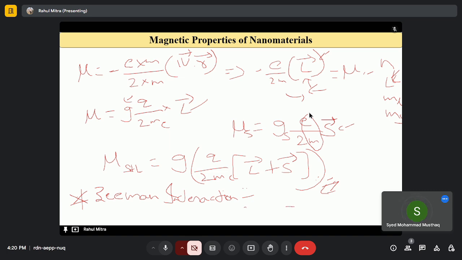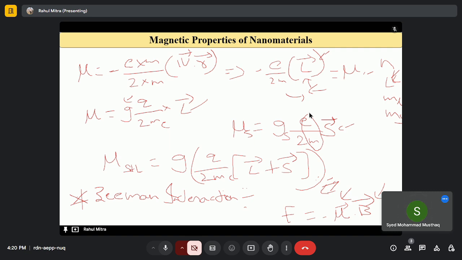So the energy associated with the Zeeman interaction is equal to minus mu dot B, where mu is the magnetic moment and B or H. If you are talking about vacuum, you can take just H. If you are talking about the magnetic flux, that magnetic flux is phi, the magnetic field induction, then you need to take B. So it's better to take B rather than H to avoid the confusion.